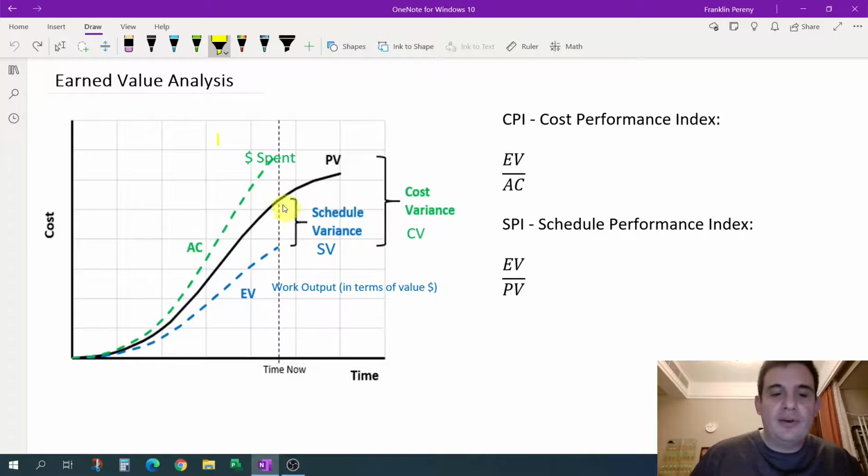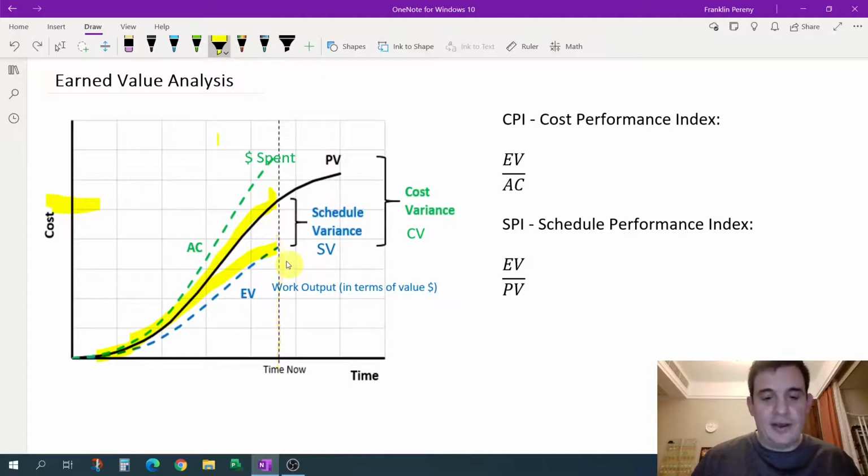So at a given point in time, if you have a plan and you should be here, you should have earned this amount of dollars in value, right? So if that equates to 7 miles of road, that would be $7,000 in our example. Your earned value line tells you where you're actually at as far as getting scope done, getting work done. And maybe you've only gotten 5 miles of road done. So your project has only earned $5,000.